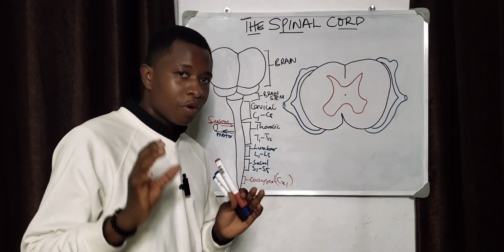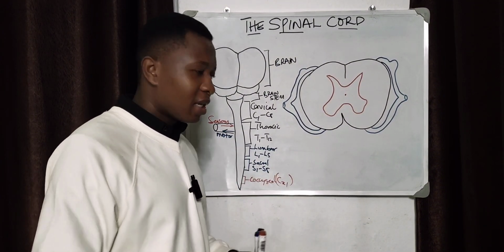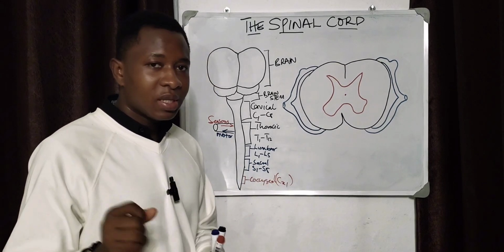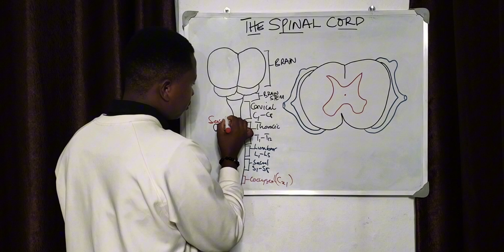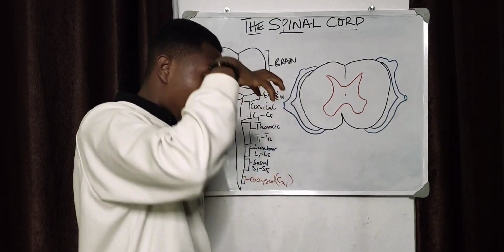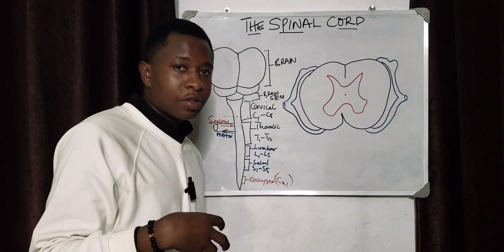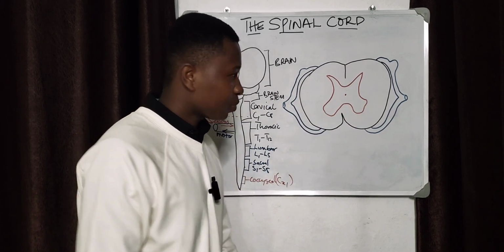Now, let's take a transverse section of the spinal cord and see what exactly happens in the spinal cord. Now, taking a transverse section, that means we have to make a cut through and look at it anteriorly. Okay, and that is the diagram you can see here.